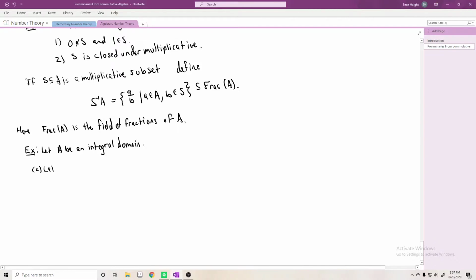We're going to let t be a non-zero element of A. We define a multiplicative subset S sub t, which is essentially just powers of t: 1, t, t squared, and so on. So 1 is in here, 0 is not in here, assuming t is non-zero, and the product of two powers of t is another power of t. So this is certainly a multiplicative subset.